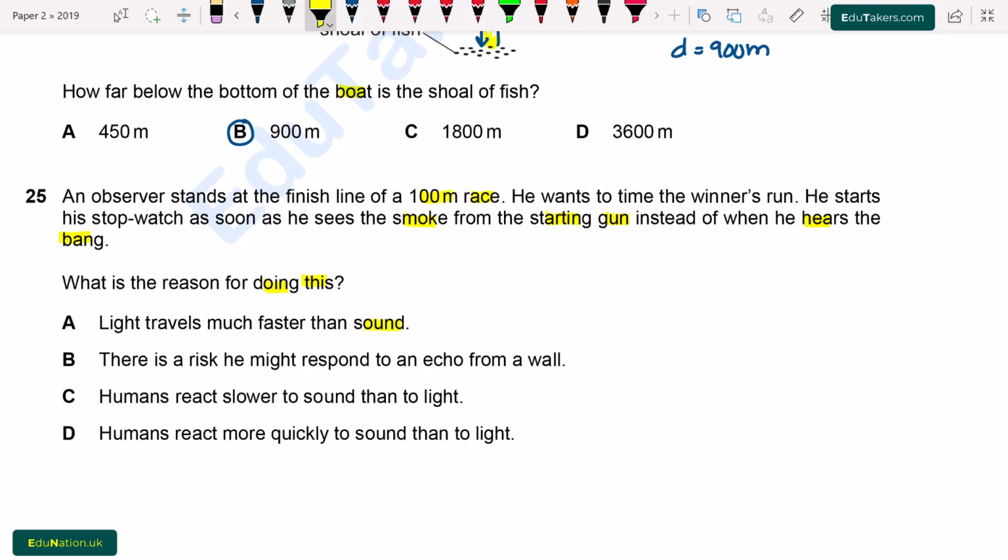B. There is a risk he might respond to an echo from the wall. C. Humans react slower to the sound than to the light. D. Humans react more quickly to the sound than to the light. So basically, the speed of light is larger as compared to the speed of sound. So option A is correct, which shows that light travels much faster than sound.